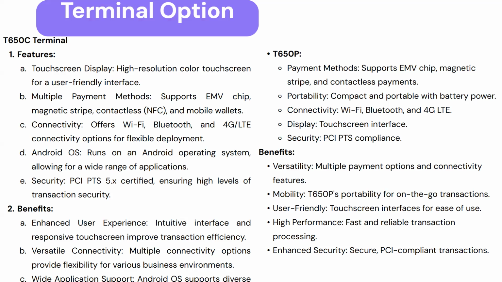Security is PCI PTS compliance. The benefit for this is versatility, with multiple payment options and connectivity features. Mobility, the T650P's portability for on-the-go transactions. It is user-friendly, high performance, and has enhanced security, with secure PCI compliant transactions.